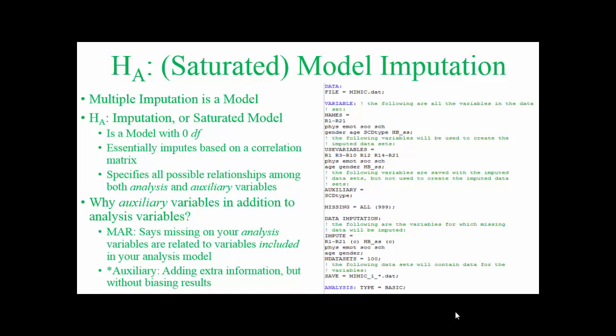among both analysis and auxiliary variables, and I've italicized those because that's the key to missing at random. I've got missing on the analysis variables, I've got missing on those 17 responsibility items, but I've also got missing on things like pediatric quality of life and auxiliary variables, but I can add all of them to a so-called alternative hypothesis or saturated model imputation and use all that information, because remember, if we impute based on a correlation matrix, it says everything's related to everything else.